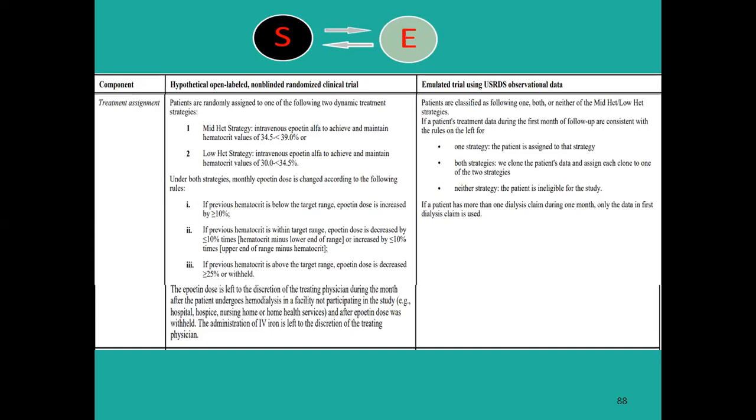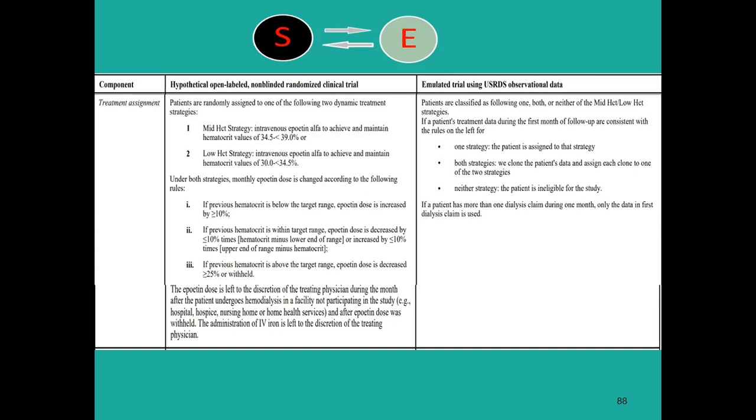Another thing that I want to clarify here is that we often hear the term new user design. The new user design means the new treatment strategy. For example, in the last case study, we required patients to have used ESA before baseline because we mimic the normal hematocrit study, the randomized trial.